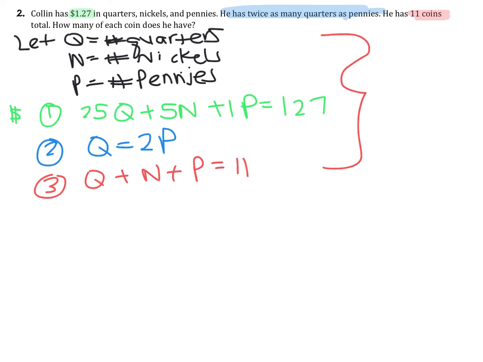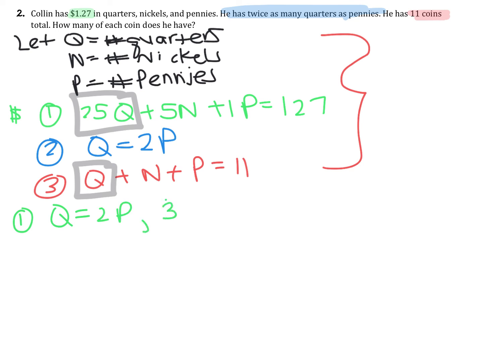So here, sort of like in the last problem, since I have the fact that Q equals 2P, I'm tempted to plug 2P in for Q here to rewrite these 2 equations. So I'm going to plug Q equals 2P into both 1 and into 3.